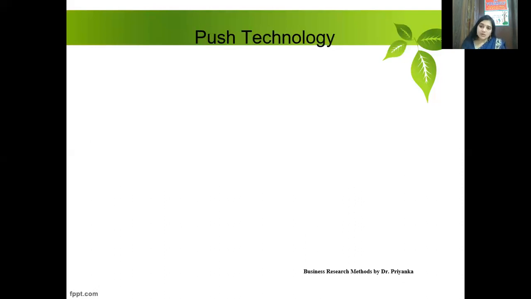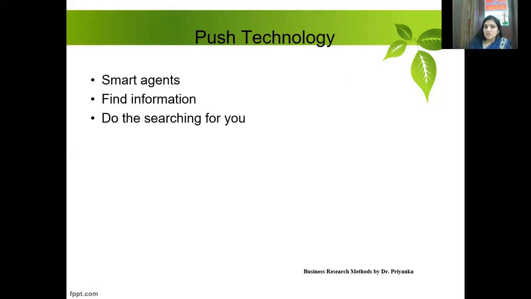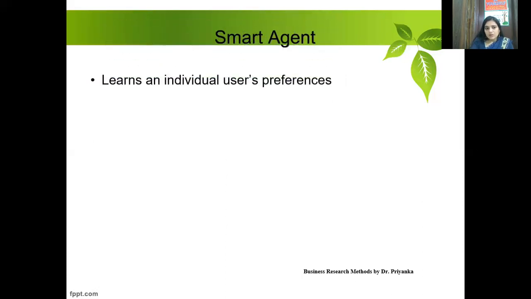Then what is push technology? These are basically smart agents which find information and do the searching for you and distribute it to your desktop. Basically, they know how you use information, from what kind of information do you use through some technology, and that is why we call it push technology. What smart agents basically do is, they learn an individual user's preferences.